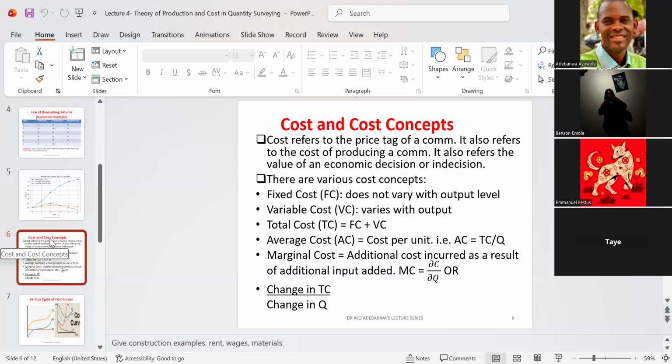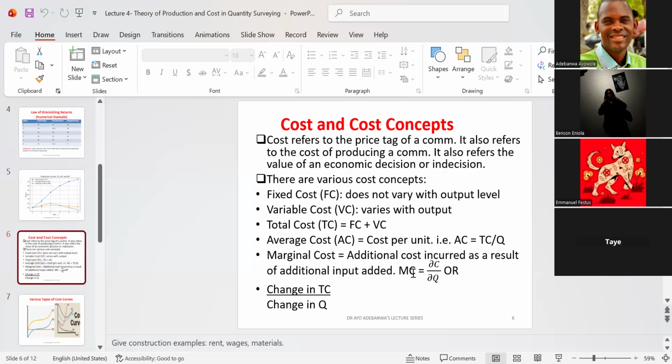We have, one, fixed cost. Fixed cost does not vary with the output. Variable cost varies with the output level. Total cost is fixed cost plus variable cost. Average cost is cost per unit. That means AC is equal to TC divided by Q. The marginal cost is the additional cost incurred as a result of additional input added.